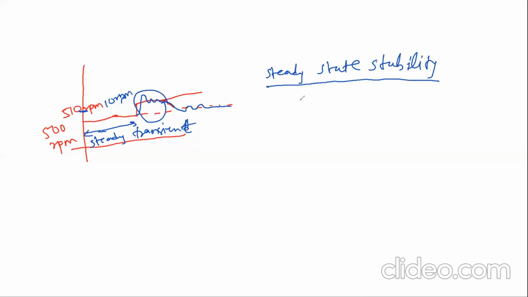The machine is running at 500 rpm. Because of the disturbance, the speed has increased to 510, but the previous steady state point is at 500 rpm. So if the machine comes again to 500 rpm after the disturbance is over, then we can say that the machine is steady state stable.